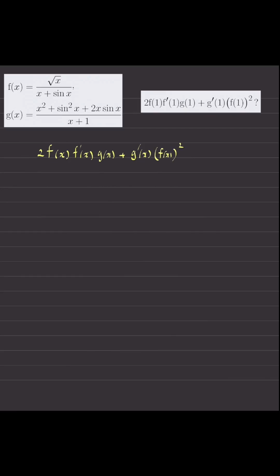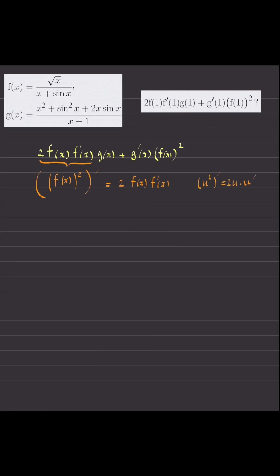But as you see, this part can be rewritten in the form of f of x squared, prime. Why is that? Because according to the chain rule, if I differentiate this part, the 2 goes down, and then this will be f of x to power 1, times f prime of x. Because according to the chain rule, the derivative of u squared is 2u multiplied by u prime.